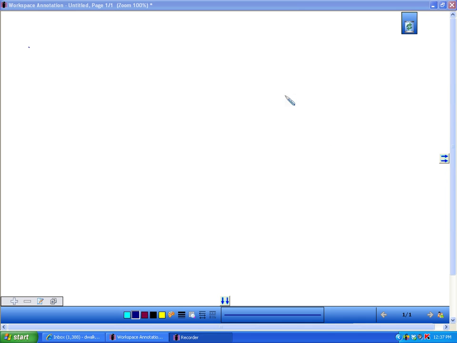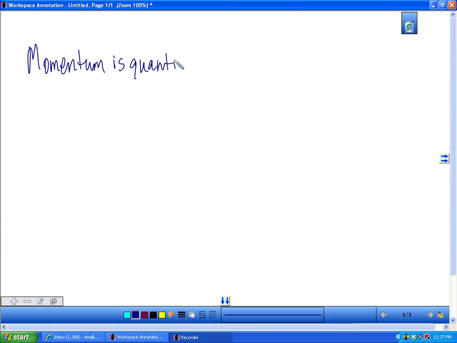Okay. So we know that momentum is the quantity of motion that an object possesses. Now, if that's true, then it should be very easy to calculate momentum.